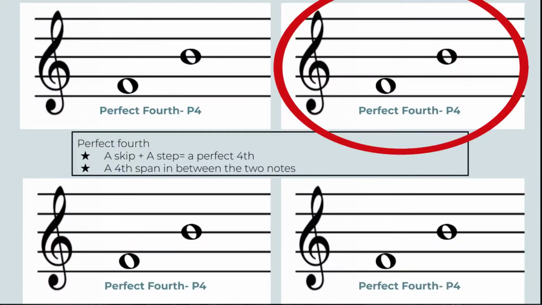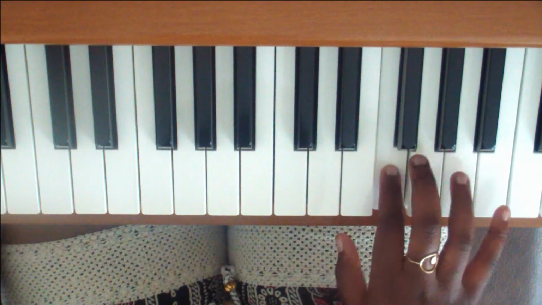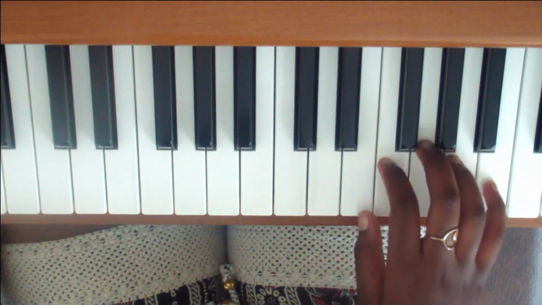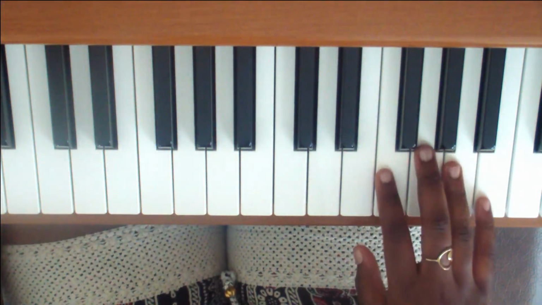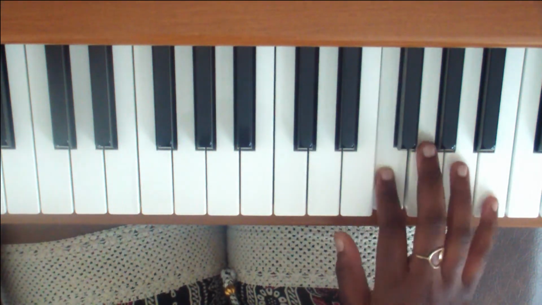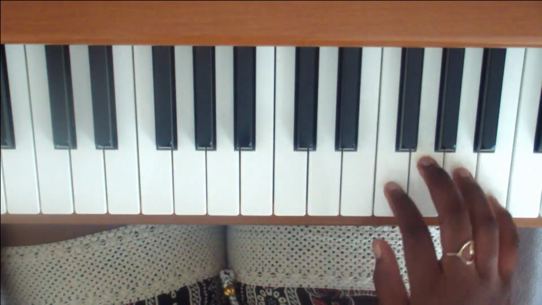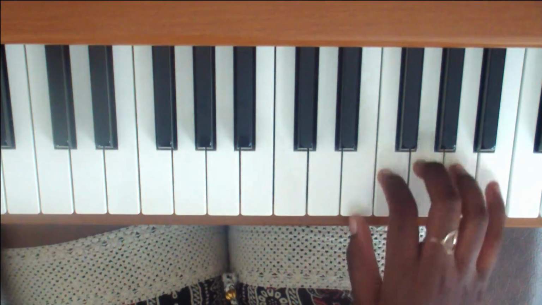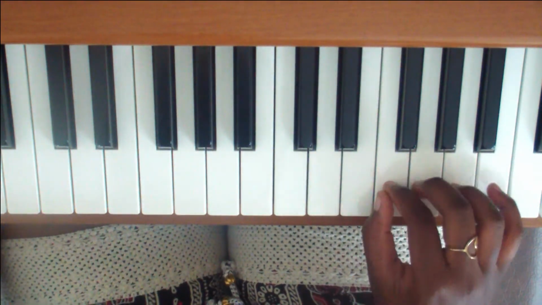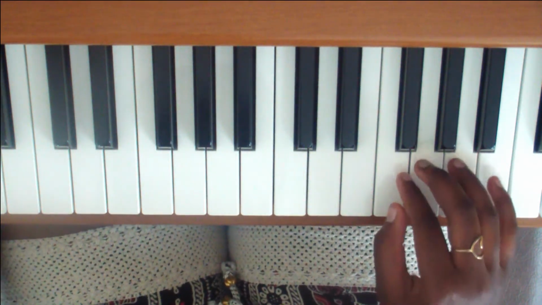So let's take the second example on the diagram. Even though I already gave you an example, I want to give you another example just to clarify everything. The second example on the diagram starts with the second finger on F. To play a fourth, I count 1, 2, 3, 4 to get to B. Notice that when I count, I always count starting on the F, the first note that is given.